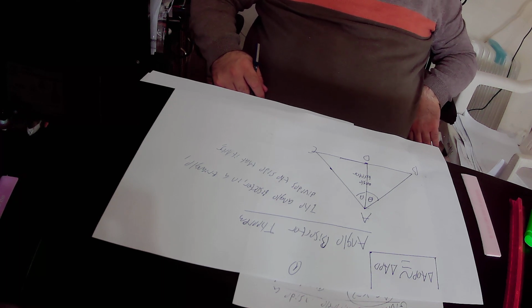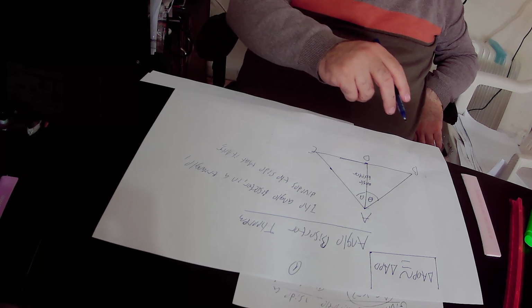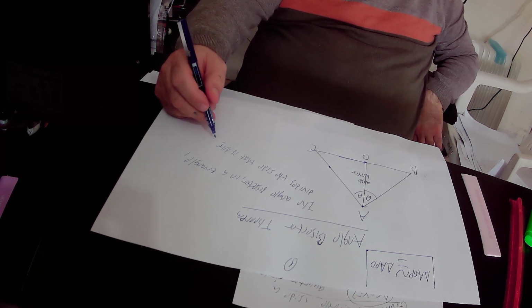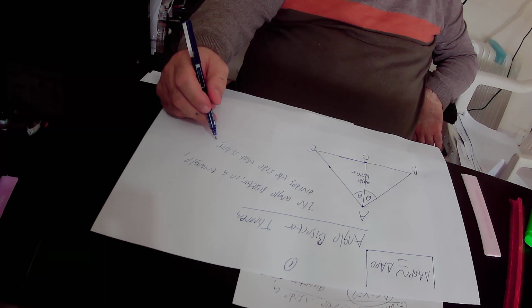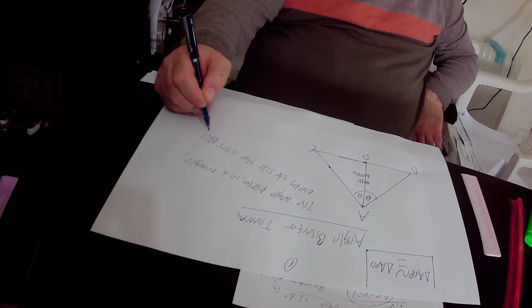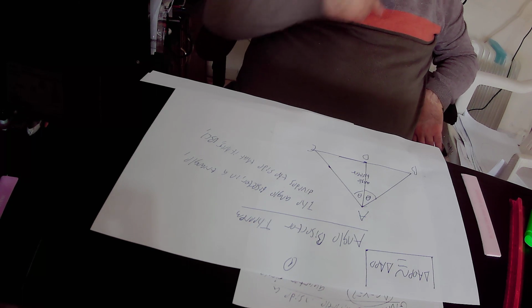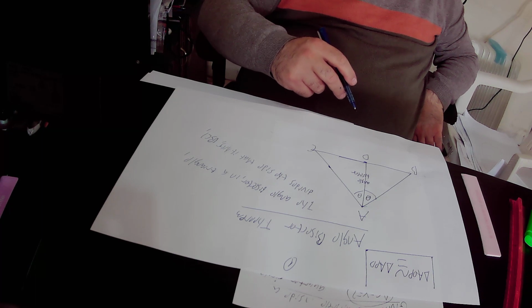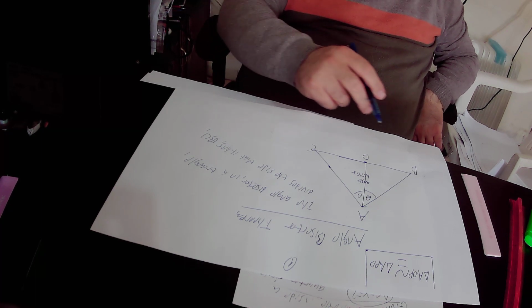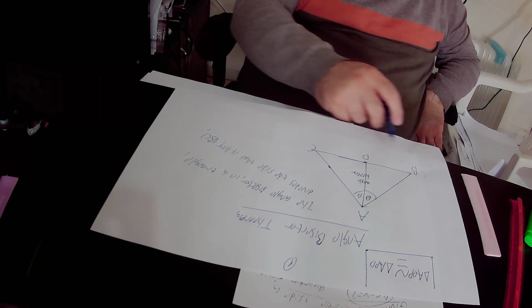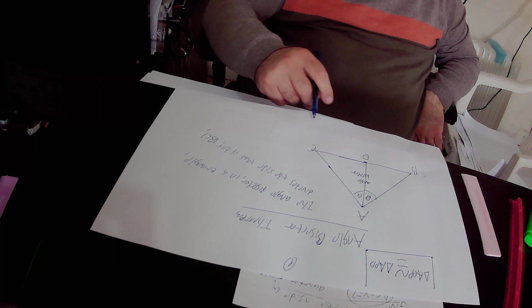Here, angle bisector AD hits side BC. So actually the angle bisector AD divides side BC into two parts. The first part is BD, and the second part is DC.